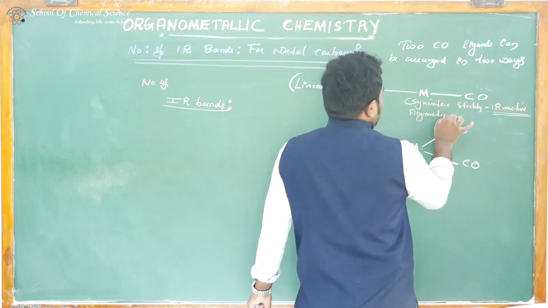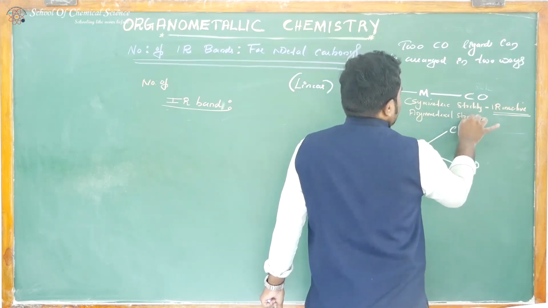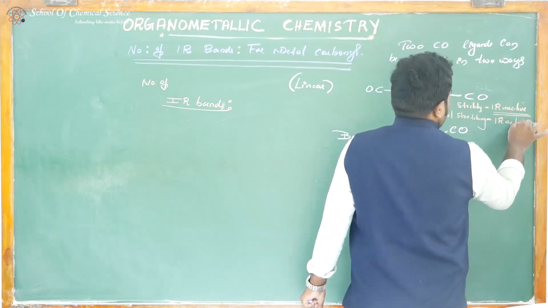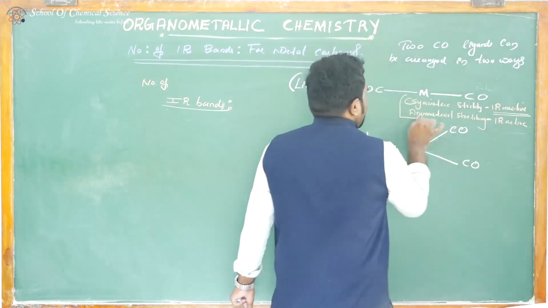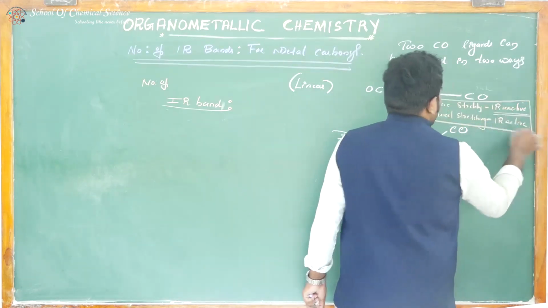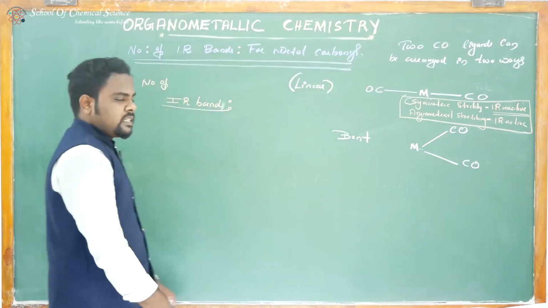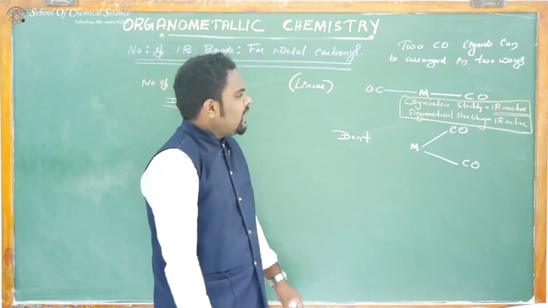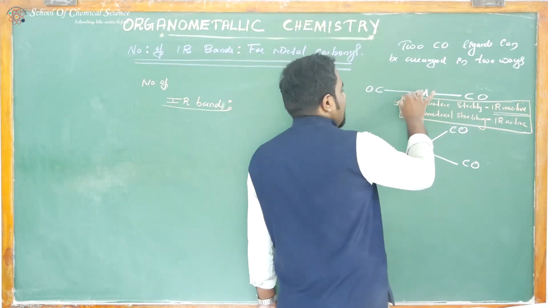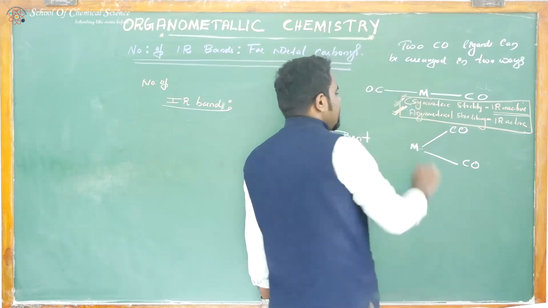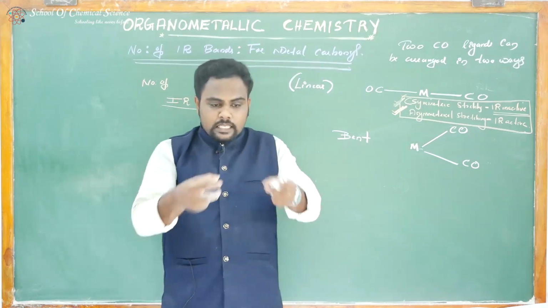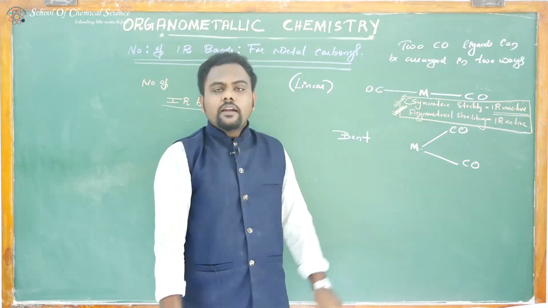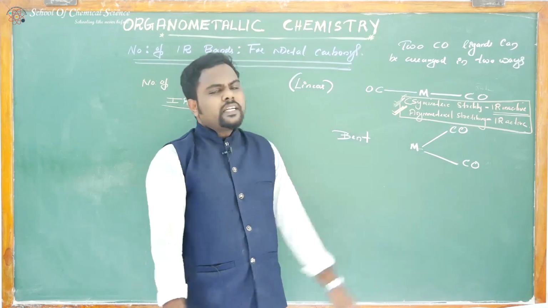All this is information you studied in the MSc classes. So in linear metal carbonyl, 2 types of bond stretching are there, symmetrical and asymmetrical. Only asymmetrical stretching is IR active, because symmetrical stretching will not produce any change in dipole moment.